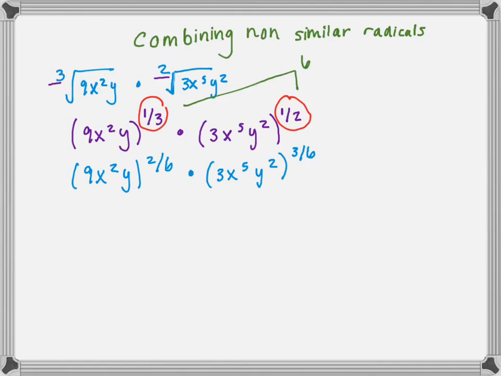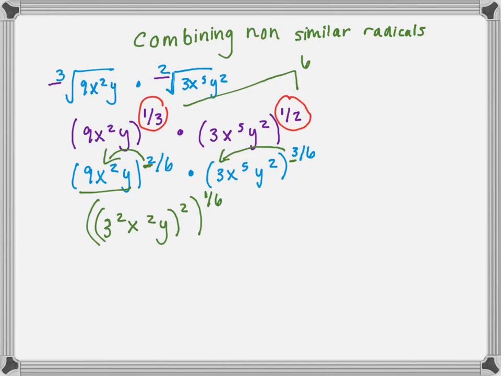But first what I want to do is I want to make sure that I distribute these top sections into my exponents and integers. So what I'm going to do now is I'm going to say this is 3 squared x squared y, and then I'm going to say this is squared, and then this is to the 1/6.